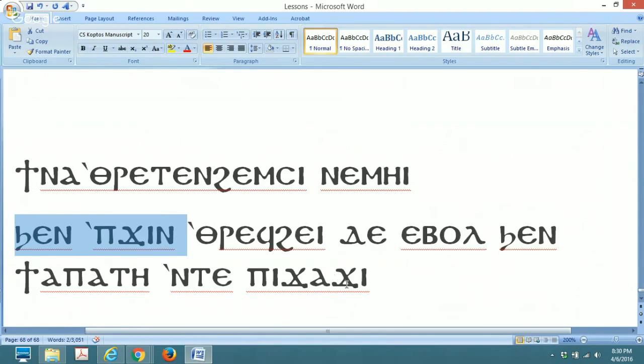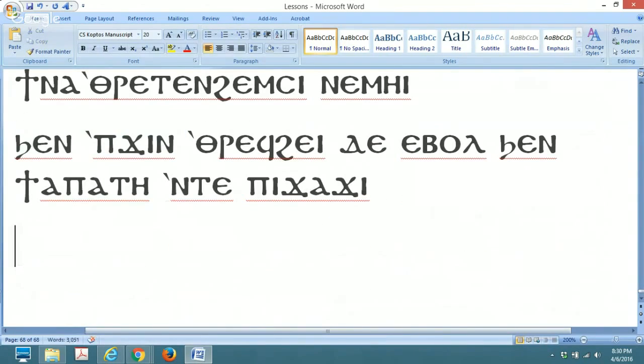So how are we going to translate this? Literally, it's going to be by the causing.